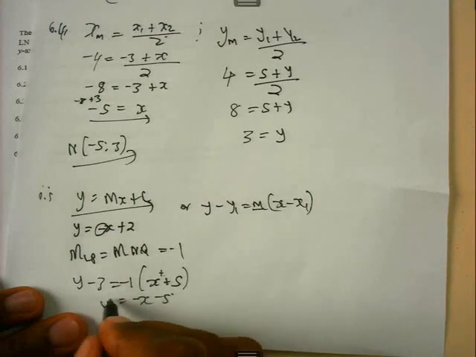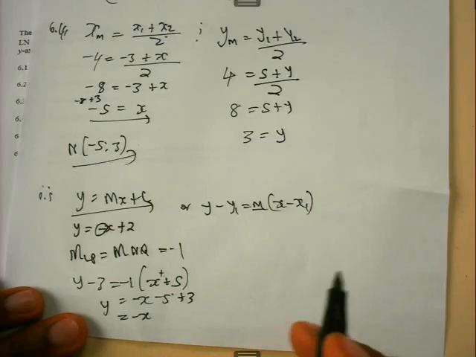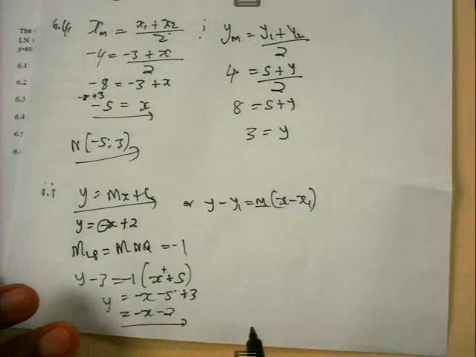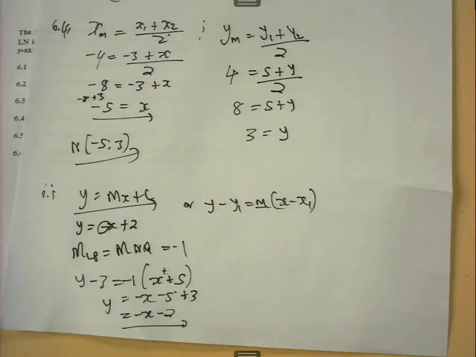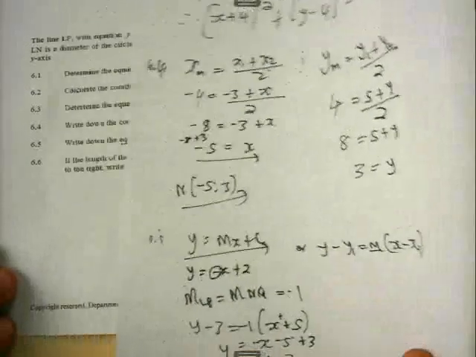Therefore, y equals, we take this to the other side, plus 3 there. We have minus x as well as minus 3 plus this one is going to be, of course, 2. Therefore, we have minus x as well as minus 2. This one is the equation of the line NQ.